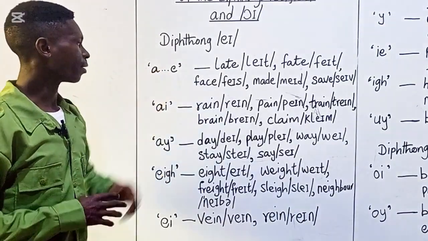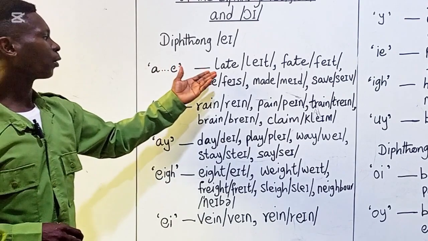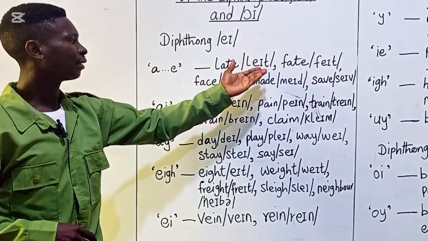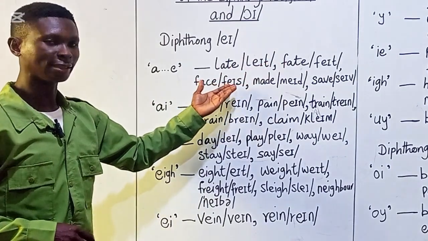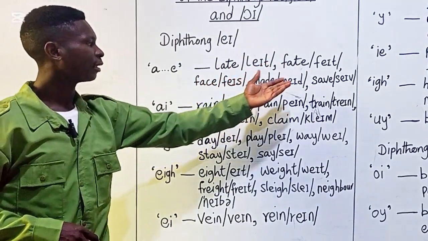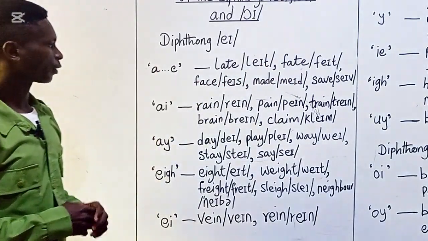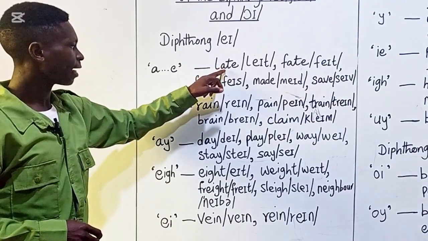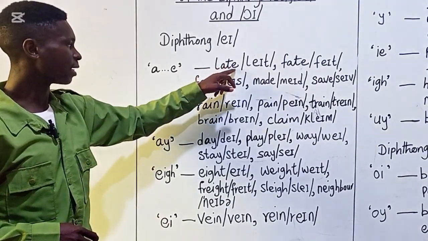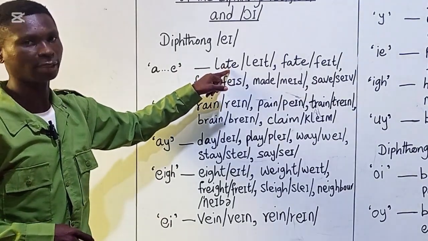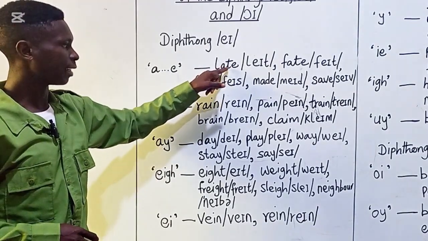For A-E, we have words like late, fate, face, made, and save. So if you look at each of these words, you have letters A and E, and in between A and E, we have a consonant letter, as in late.